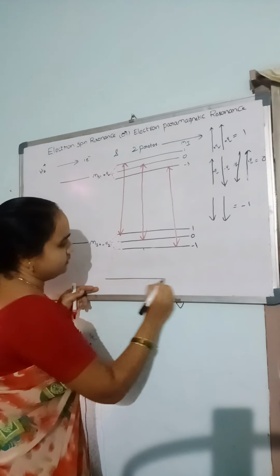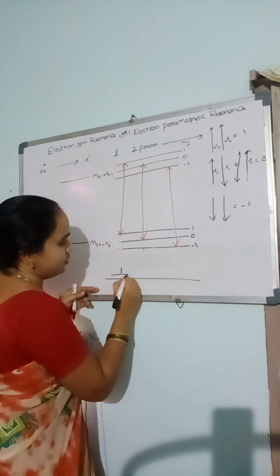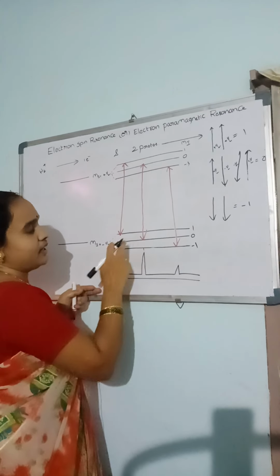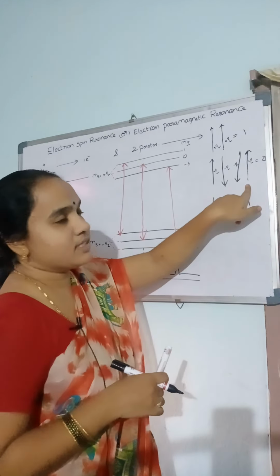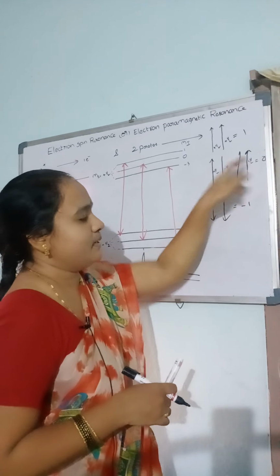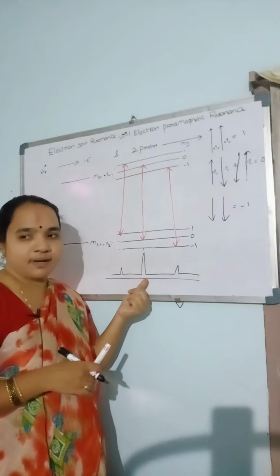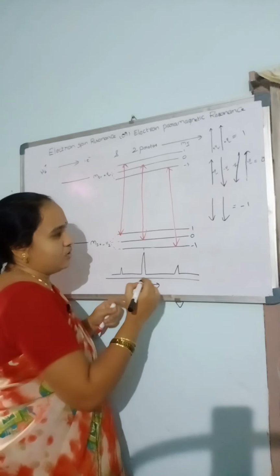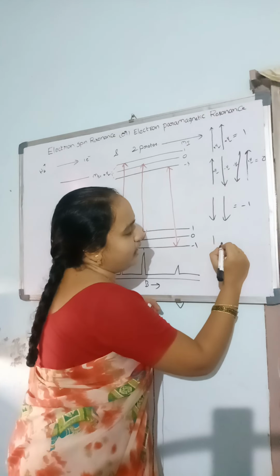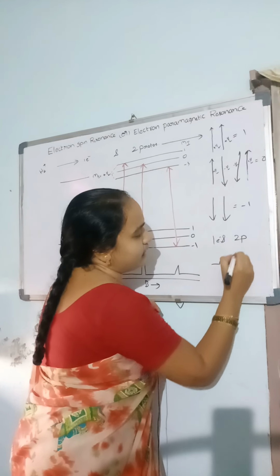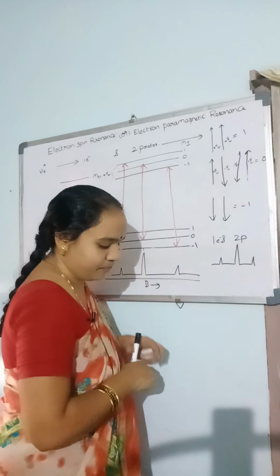So we get 1 is to 2 is to 1. The central spike, since there are 4 protons participating with the resultant spin 0, the central spike is having double the intensity. So for 1 electron and 2 protons, we get the spectrum like this, right?